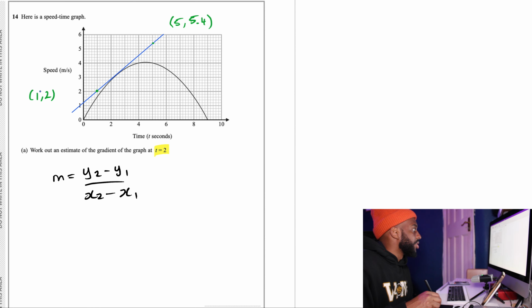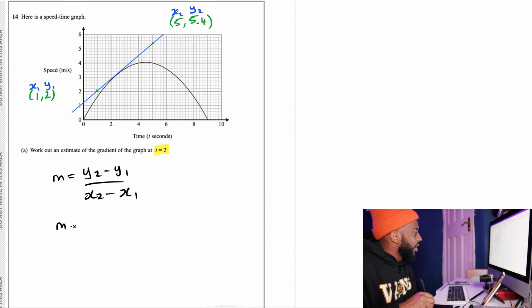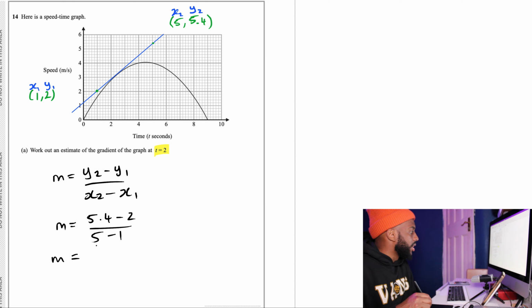So our first coordinate is going to be this one over here. That's going to be our x1, our y1, that's going to be our x2, and our y2. If I put these into the formula, I get gradient equals 5.4 minus 2 over 5 minus 1.